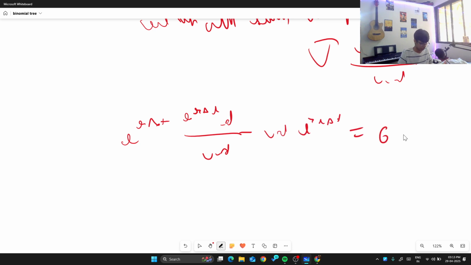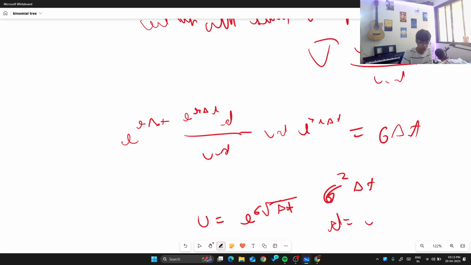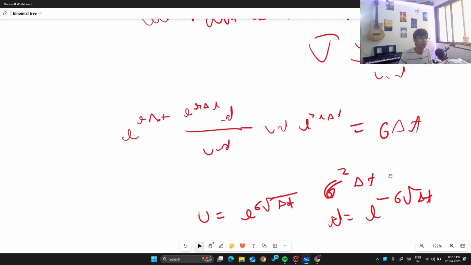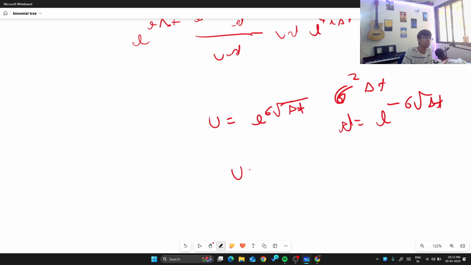And that will also give us the delta T. And if we take the square root of the variance, our up movement would be the expectation of sigma root delta T, and our down movement would be the negative of sigma root delta T, and that's how we match the volatility of the market. Plug in the sigma value and you are good to go.